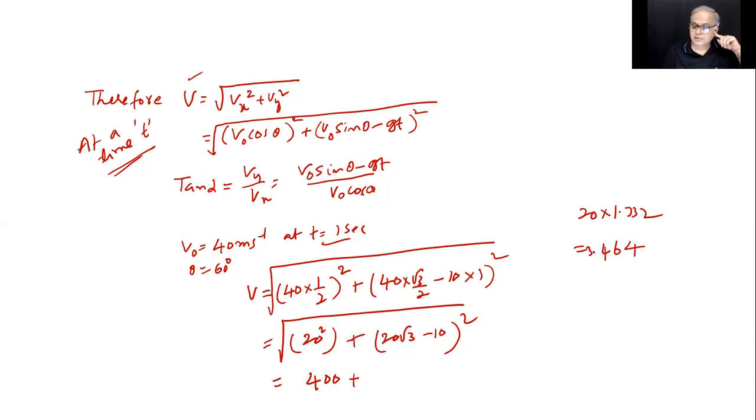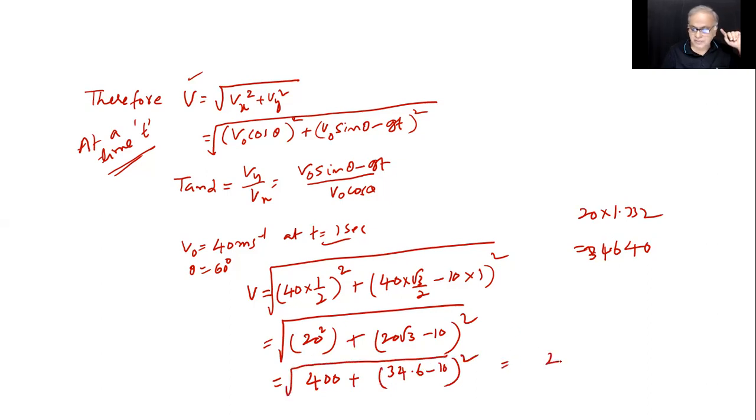20 into 1.732, how much is it? Oh sorry, 3 and one more 0. So it is 34.6, right? So 34.6 minus 10 whole square under root.